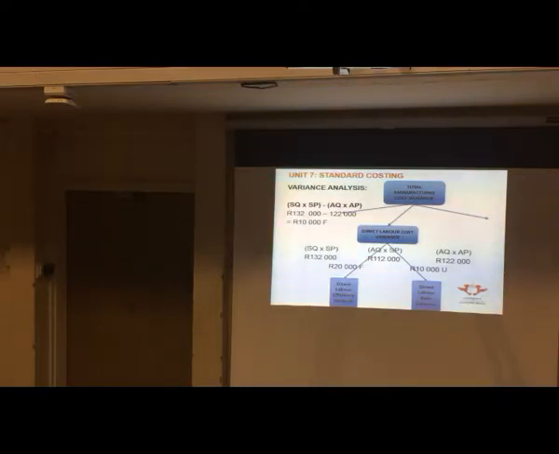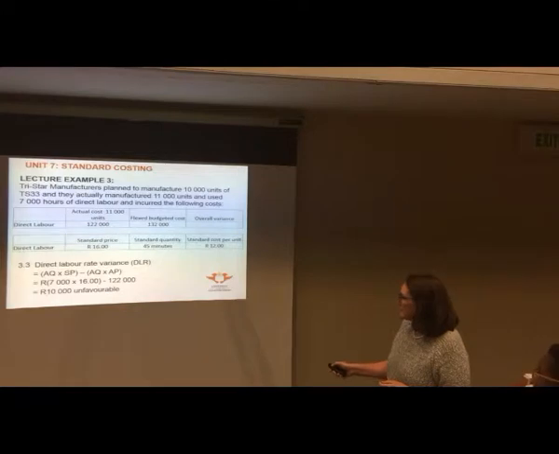Then here, your difference between your actual quantity times standard price and actual quantity times actual price, the price difference must be 112 minus 122. The actual is higher, 10,000 unfavorable. Check. 40 favorable minus 10 unfavorable gives you 10 favorable. You are correct. There it is, 122.